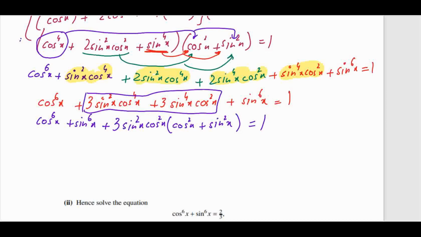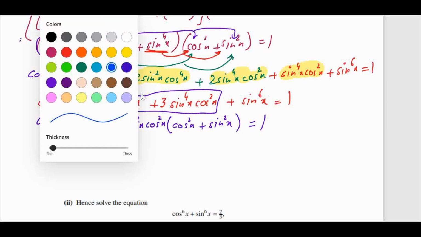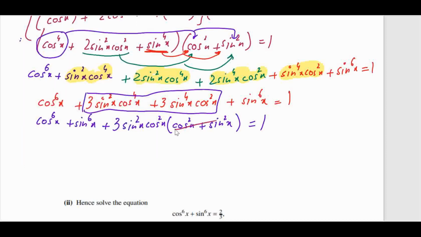Now we know that this whole expression is equal to 1, so we can write this as cos 6 of x plus sine 6 of x plus 3 sine square of x cos square of x is equal to 1.